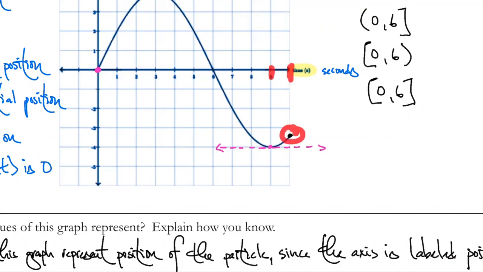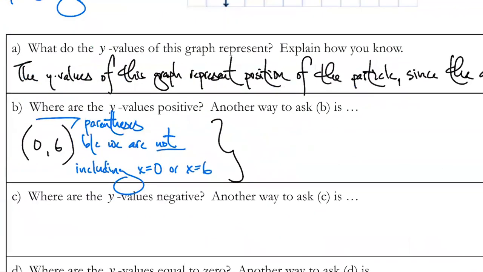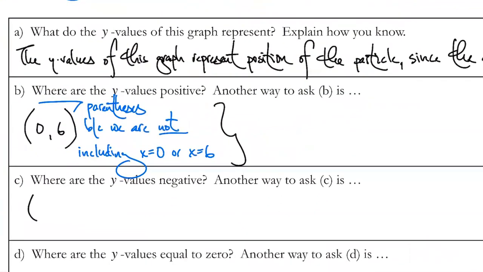So I do want to include 10, but I don't want to include 6. So I'm going to say parentheses 6, 10, bracket. Okay. So we'll say parentheses 6 and then 10 with a bracket. Okay.